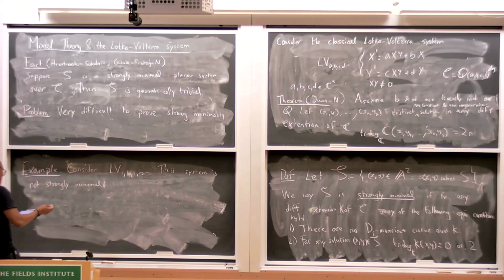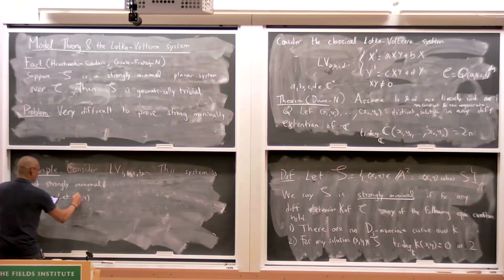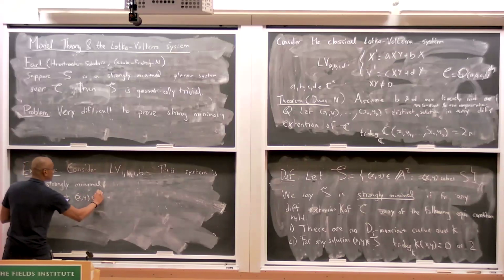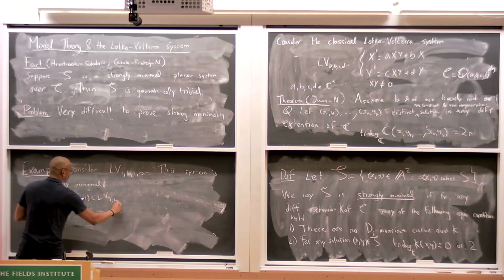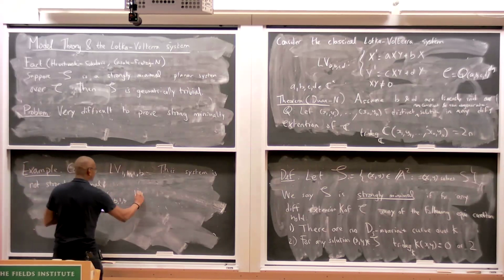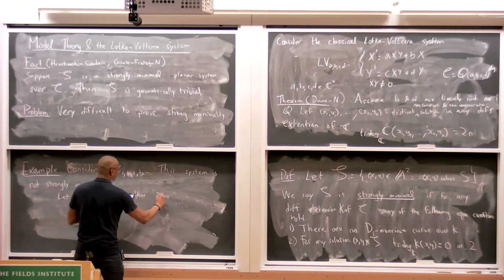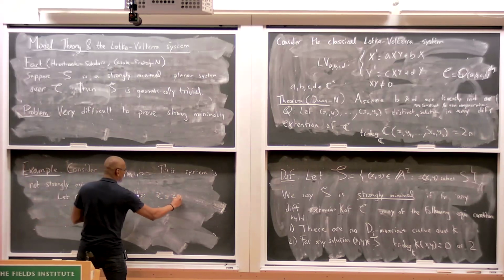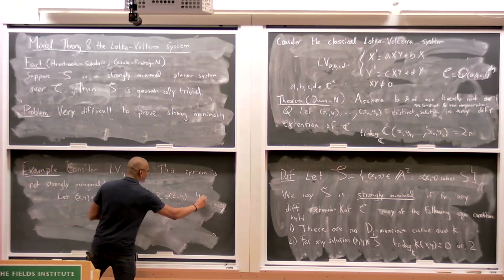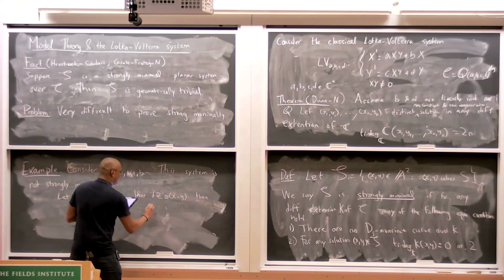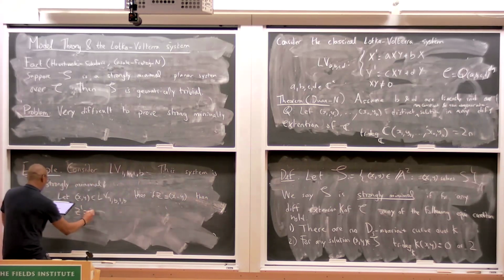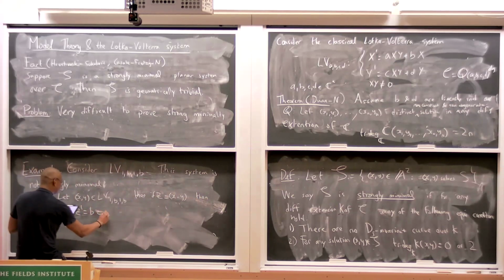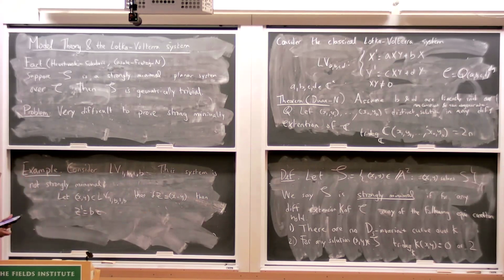In this case, let me quickly write down, it's not hard to see that if you let x, y be a solution, then check that if you define z to be x minus y, then z prime is b times z. You can check that in 2 seconds.